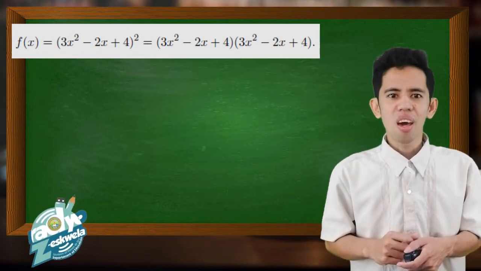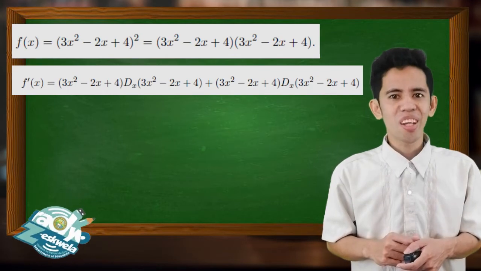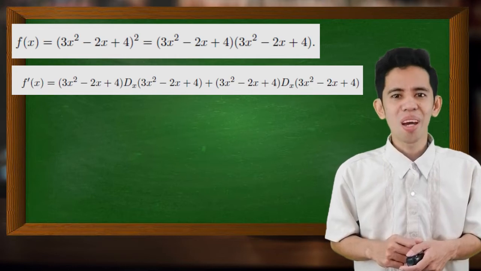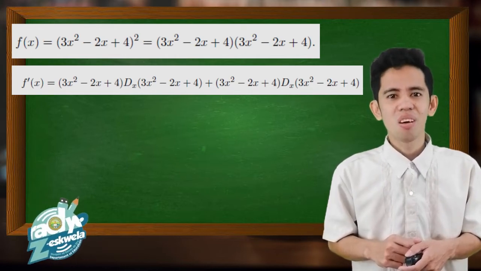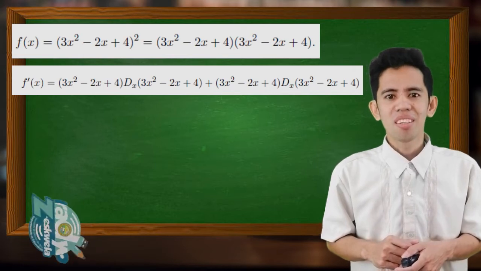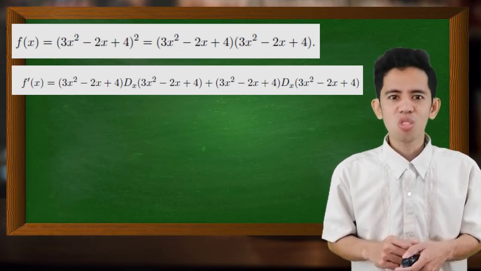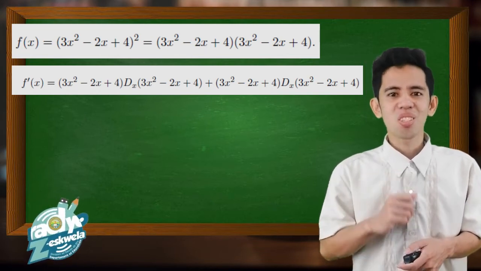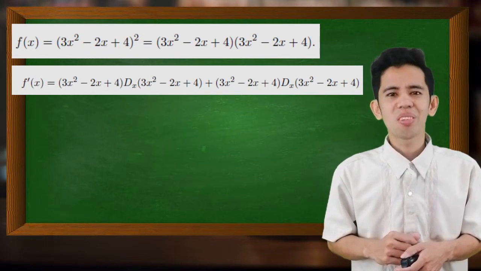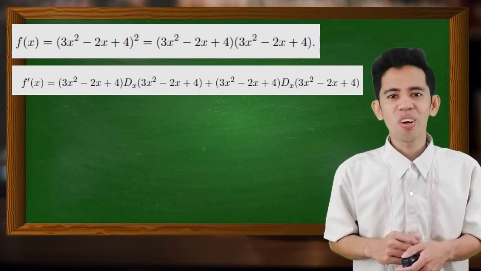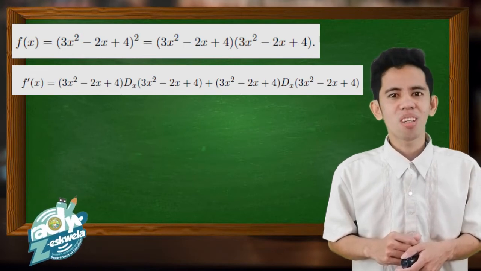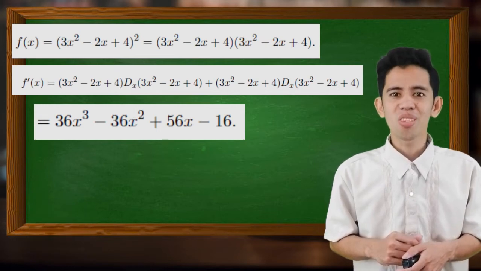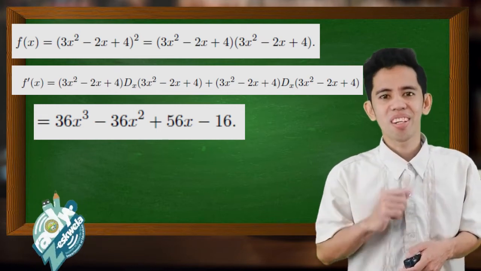Hence, f prime of x, or derivative of f of x, is equal to quantity 3x squared minus 2x plus 4 times the derivative of quantity 3x squared minus 2x plus 4 plus quantity 3x squared minus 2x plus 4 times the derivative of f of x is equal to quantity 3x squared minus 2x plus 4.